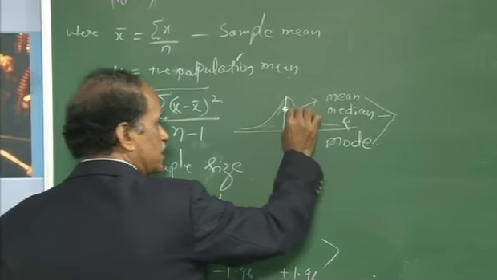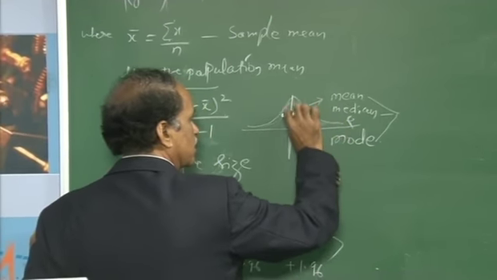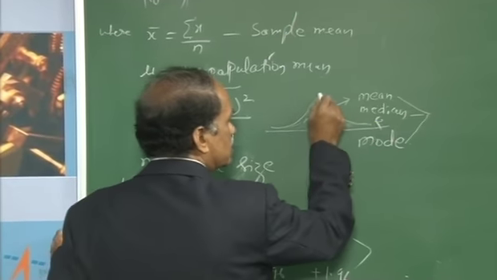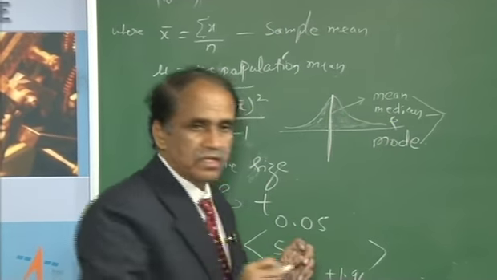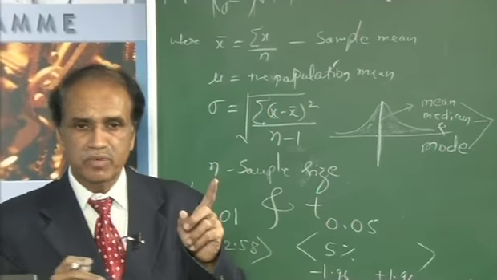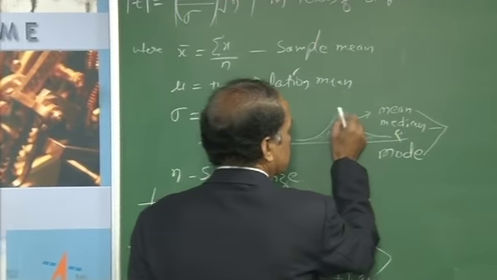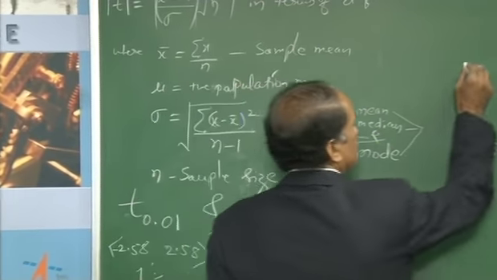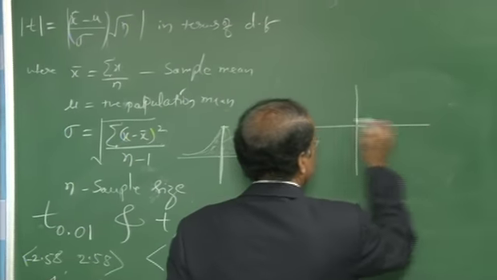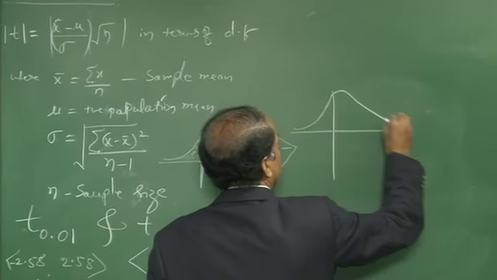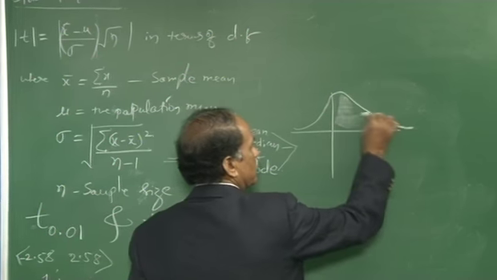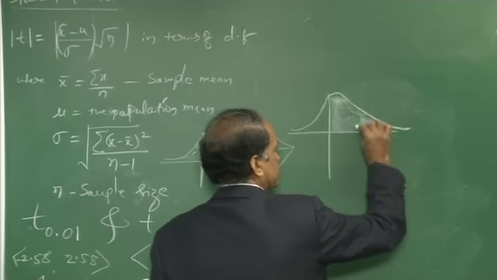That means on either side the area is equal. Then in the case of data which is not normal, the mode will always be the maximum height, like this, that means more area towards the right side.